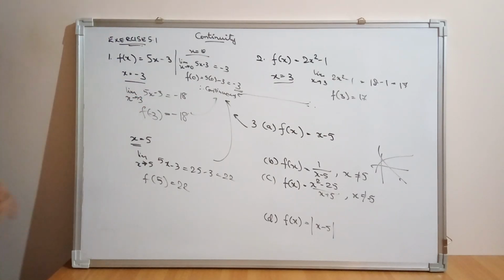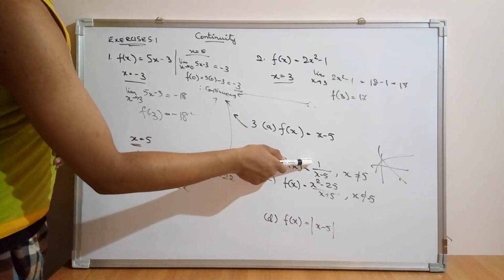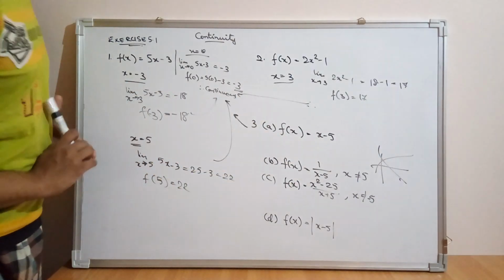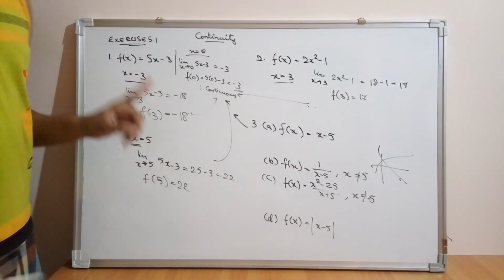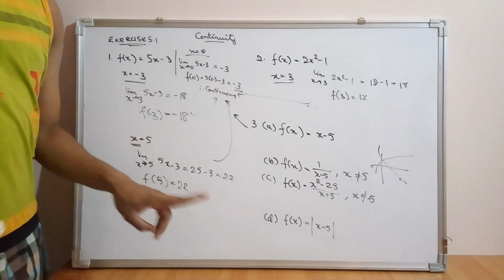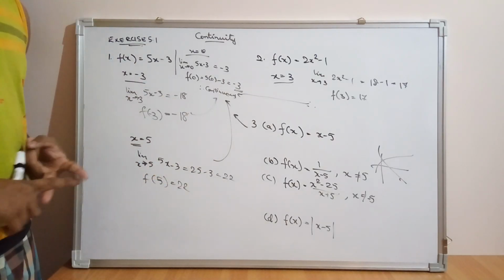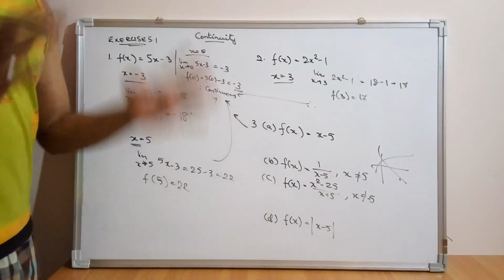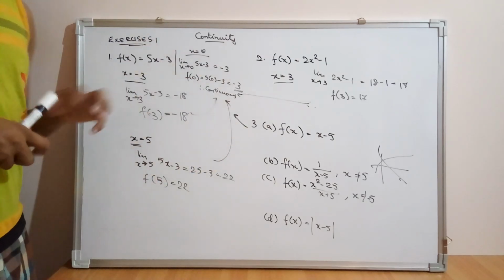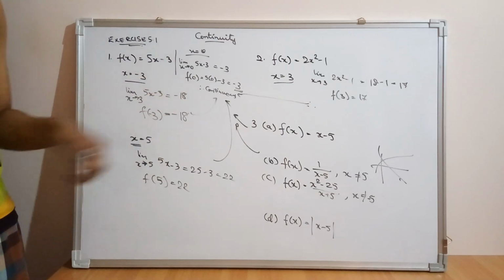Or in other words, this is a rational function, f of x divided by g of x, where f of x is a constant function and g of x is a linear function. Constant divided by linear is a rational function. When the denominator is not equal to 0, the rational function is going to be continuous. Based on that explanation, I just told that it is going to be continuous.